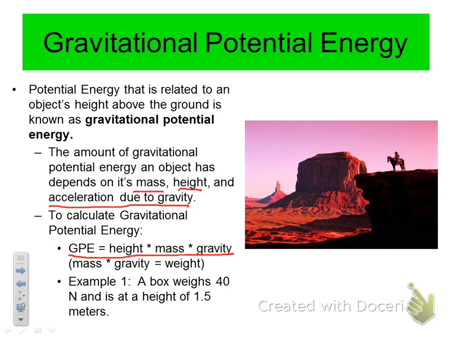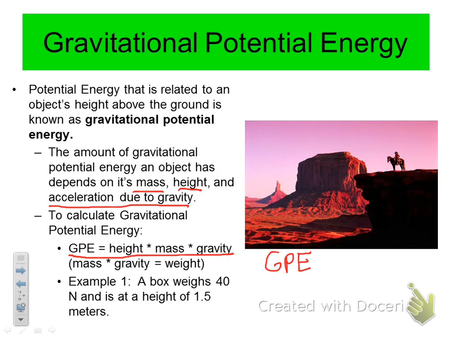When we talk about mass times gravity, that is what equals weight. So that's why when you see that word so loosely used, weight and mass are directly related. Are they the same thing? No. Mass times gravity is what equals weight.